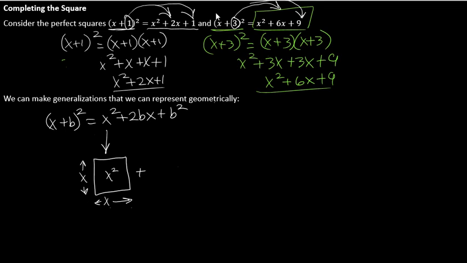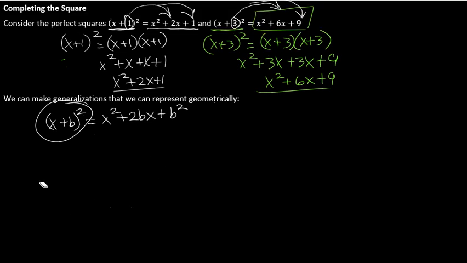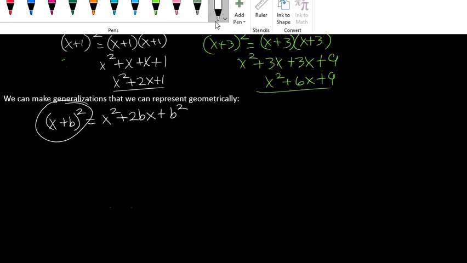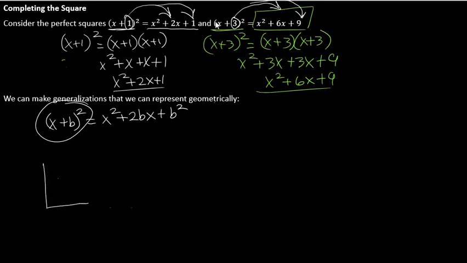And you would add that to 2 times bx. Okay, well, what is that going to look like? So let's go back to x plus b all squared. So let's break it down starting from there first. So basically what you end up with is, this is your x squared.